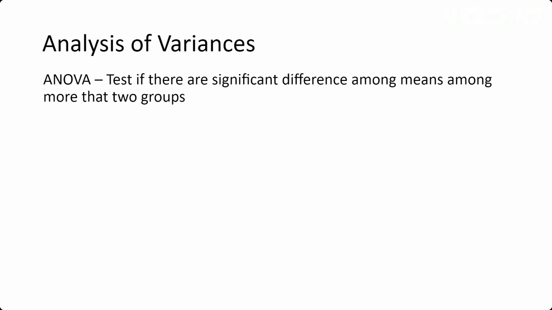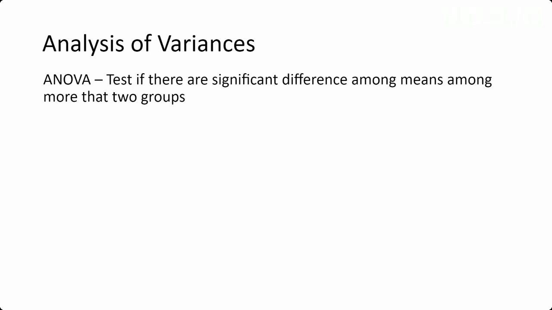So it's used to test if there is a significant difference among means in more than two groups. Remember, in the previous t-test, we tested differences among means in two groups, which were Lusaka Province and Southern Province. We were looking at the test score of exams between those two provinces.